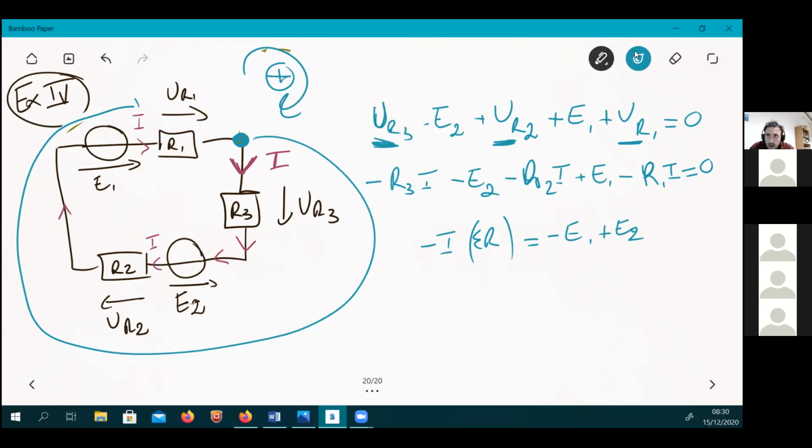Is it clear for everybody? Because this is quite important, this convention thing and the mesh law, the way we apply it in a single mesh circuit for now. For me, it's clear. Okay, no questions? We can spend some time.